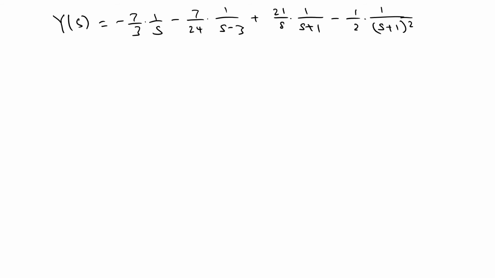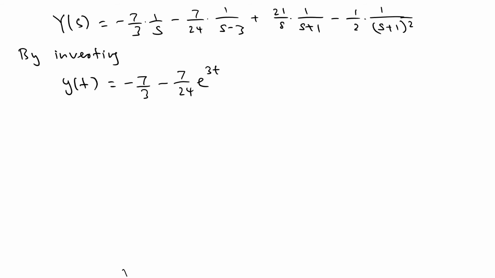Now we can invert. By inverting, y(t) is: 1 over s means 1, so negative 7/3, and then 1 over s minus 3 means e to the 3t, so negative 7/24 e to the 3t, and then the next one is 21 over 8 e to the, in this case a is 1, so that means negative t from the formula, and then here we have 1/2.